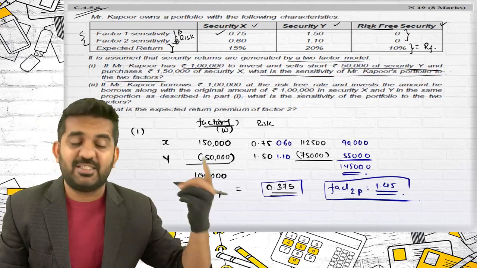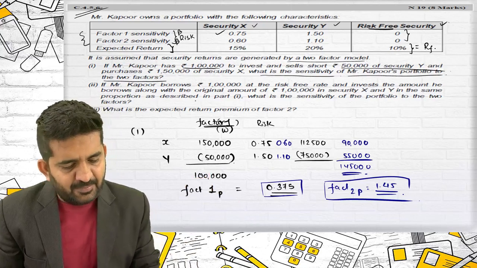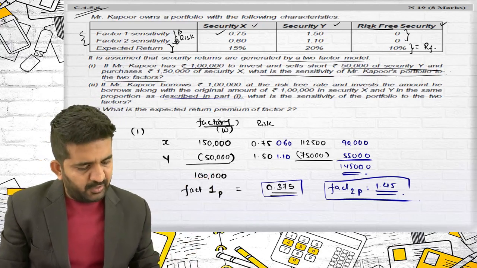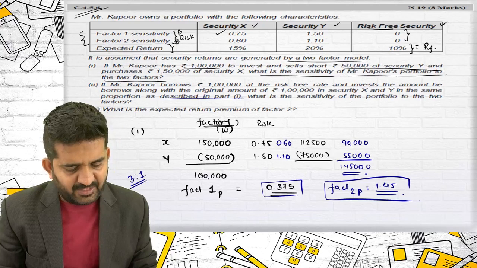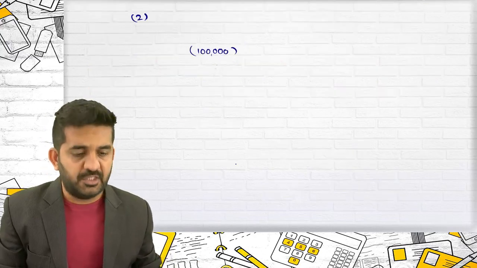So now totally he is having 2 lakhs in security X and Y in the same proportion as described in part 1. So in part 1, what was the ratio? It is 3:1 in X and Y. So this 2 lakh rupees will also be invested in the ratio of 3:1.